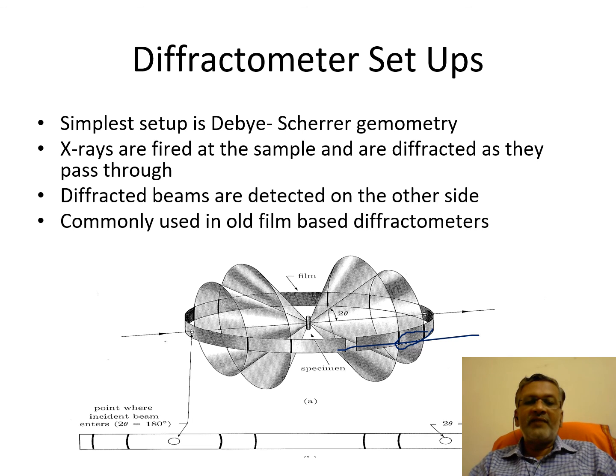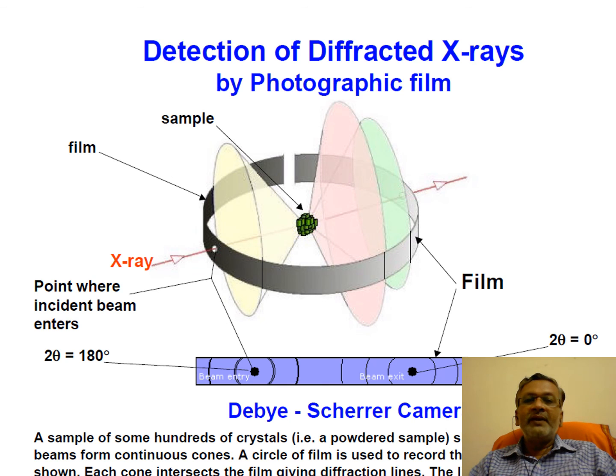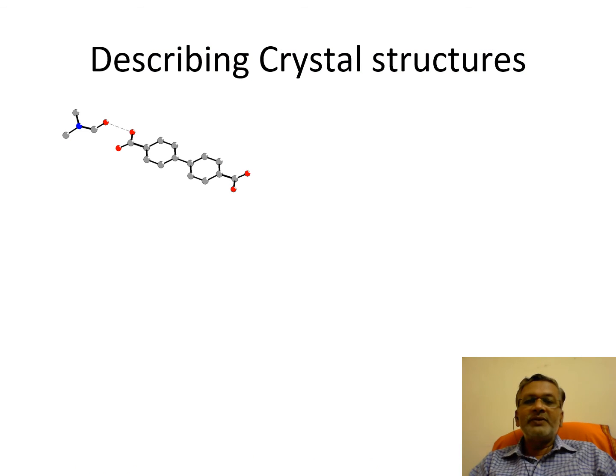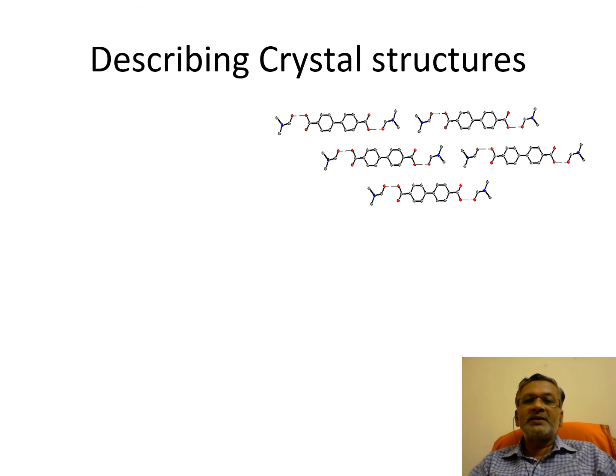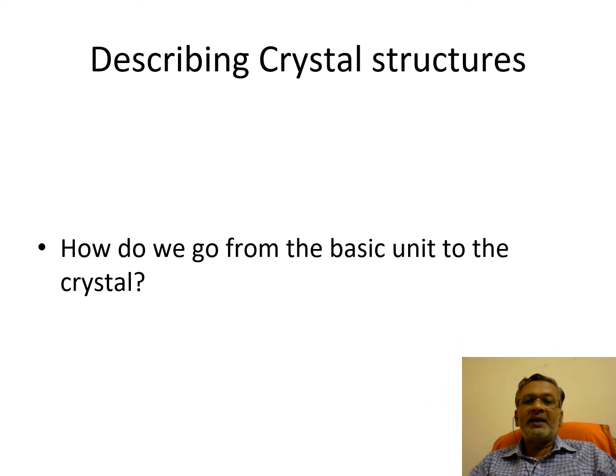So this photographic film with the two holes, depending upon the position of these lines and intensity of these lines, we can estimate the crystal structure. This is a film, with X-rays passing through the Debye-Scherrer camera. The X-ray film is obtained. In this way, we can estimate various crystal structures like this.